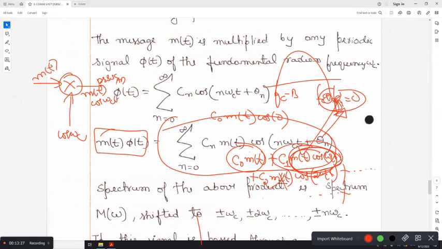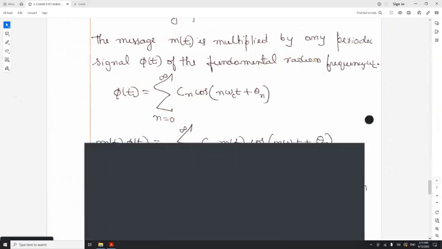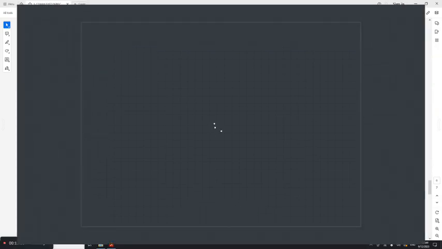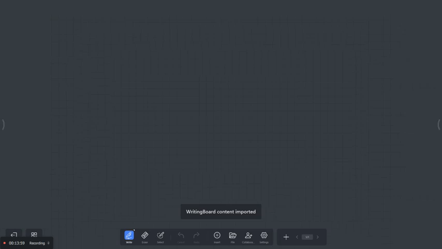How will you filter a signal in the frequency domain? Listen carefully, this is very important. You are supposed to know this from signals and systems. I am just repeating it once again. Unless you understand this, I don't want to simply pass on my slides. Your understanding is very important for me.